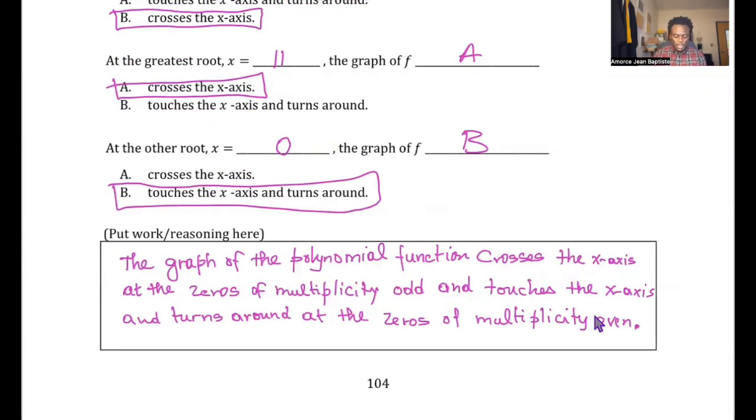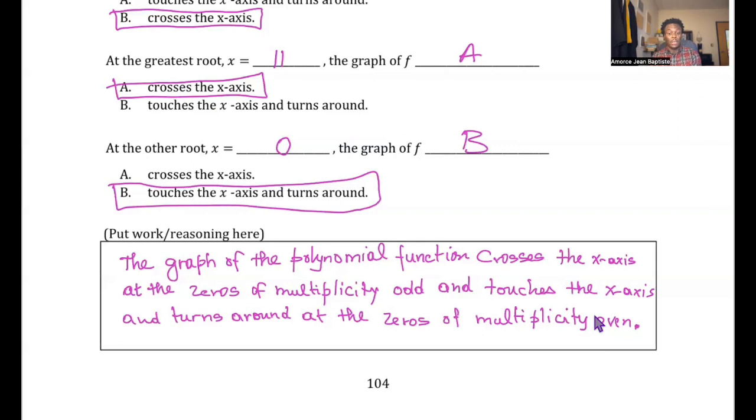And basically, as a summary of all we've done here, the graph of a function crosses the x-axis at a 0 of odd multiplicity. The graph touches the x-axis and turns around at the 0 if the multiplicity of the 0 is even. So that's what we look for when we're looking for the multiplicity.